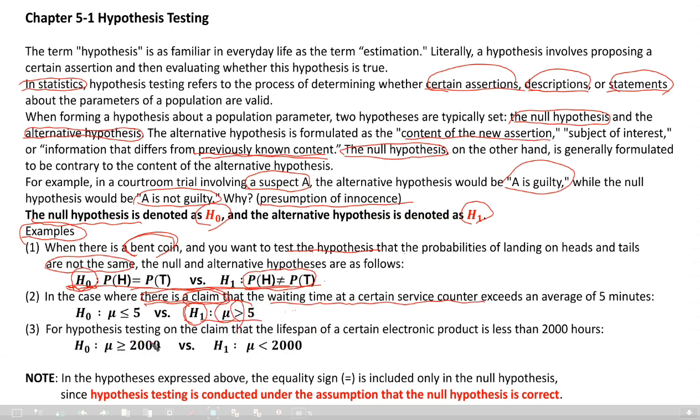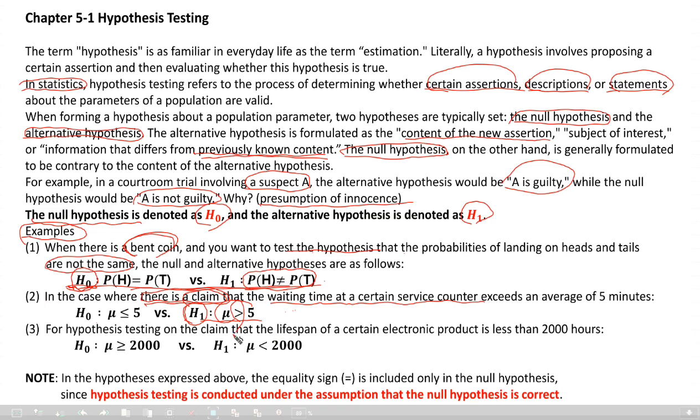For hypothesis testing, take the claim that the lifespan of a certain electronic product is less than 2,000 hours. The lifetime of that electronic product is known to be 2,000, but now they have reduced the cost of production, the product cost.